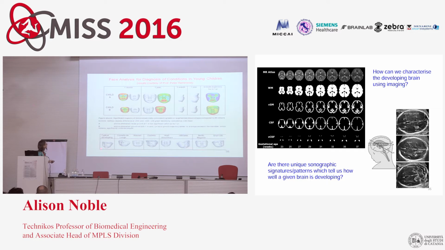So you look at their faces and you can come up with these heat maps that allow you to describe the standard deviations and the deviations from normality, and it might, for example, be related to the separation of the eyes, to the fulcrum, and to the profile of the child. And he's an expert in this area.